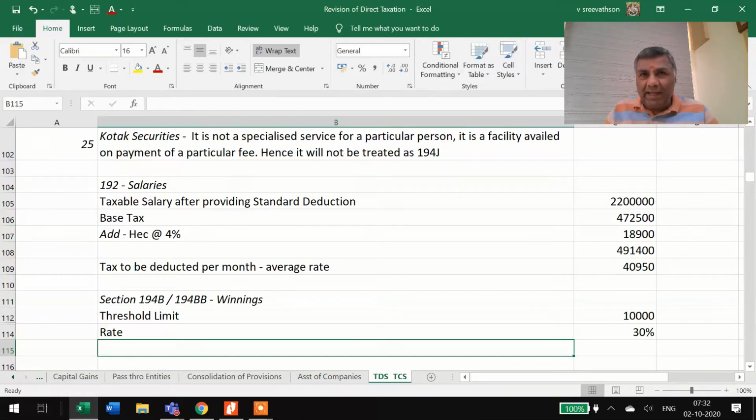For 194C, we know what the individual parts of 194C are. 194D is insurance commission, not for reinsurance. 194H is commission and brokerage, and sale of lottery tickets, 194G; all have the same threshold limit of 15,000 and 5%. 194DA, I was just telling you. 194E, on the 5th day evening under non-resident taxation, I will speak about sportspersons and their tax to be deducted at source. 194IA, IB, IC are for immovable property, the rent that is payable and the consideration.